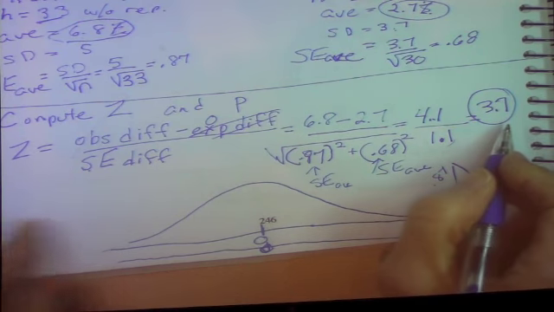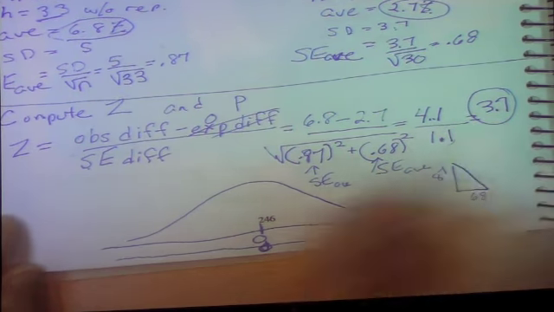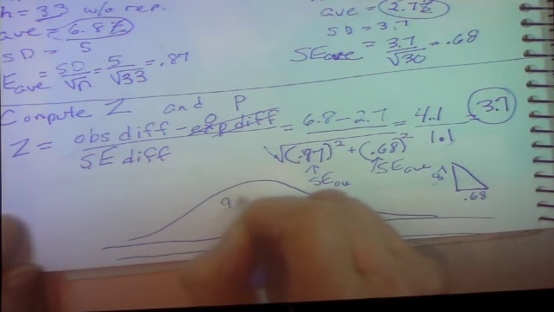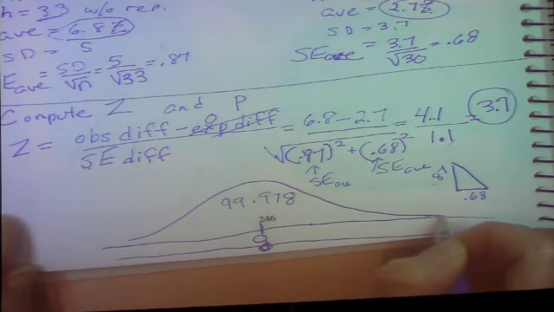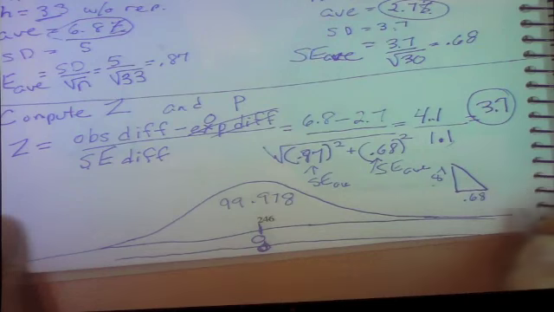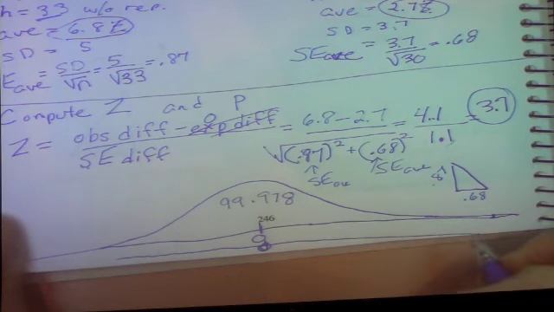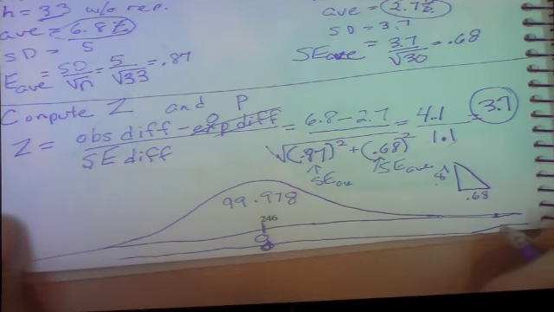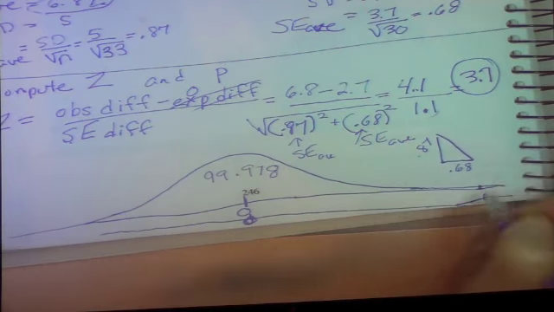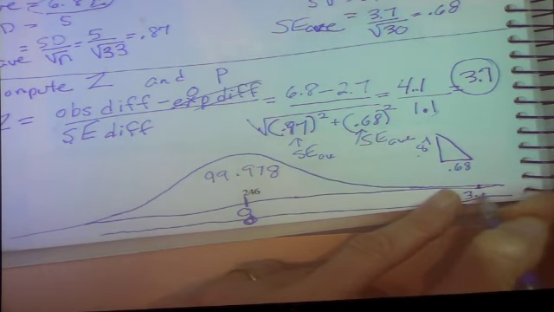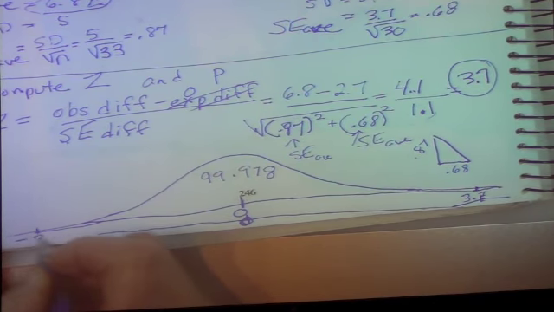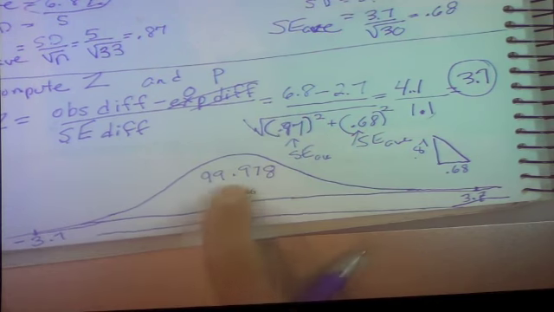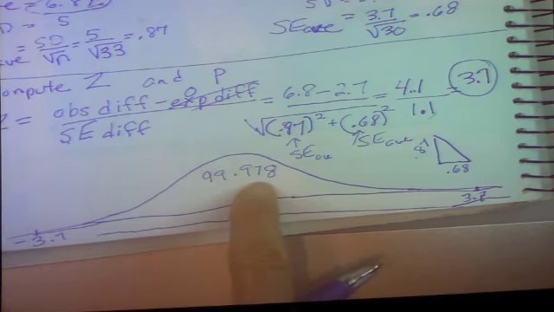If we look up 3.7 in the back of the book, we get 99.978 in the middle, which means this diet was extremely successful. So between 3.7, I'm sorry, so messy, and negative 3.7, we have 99.978 of the area.